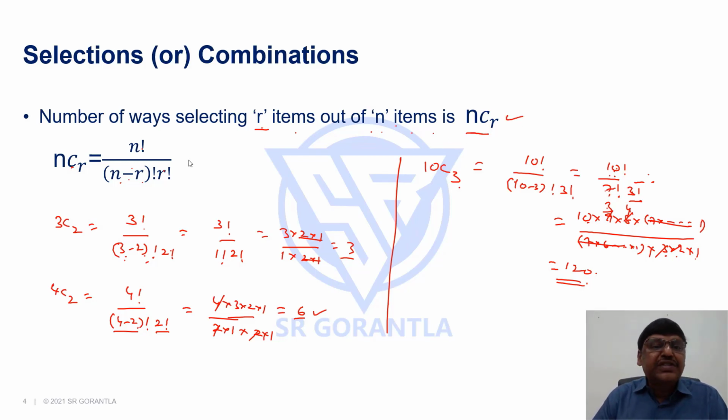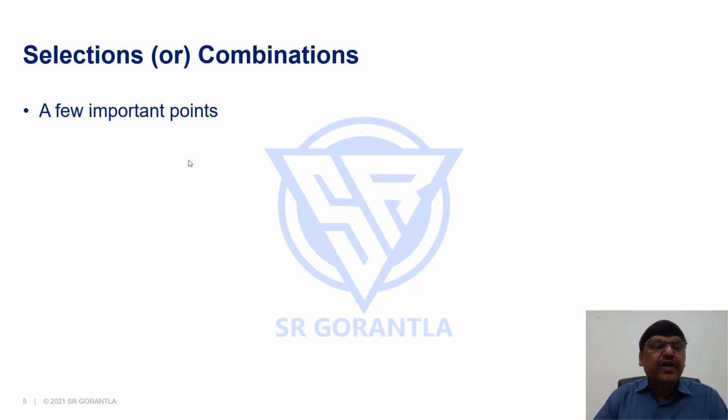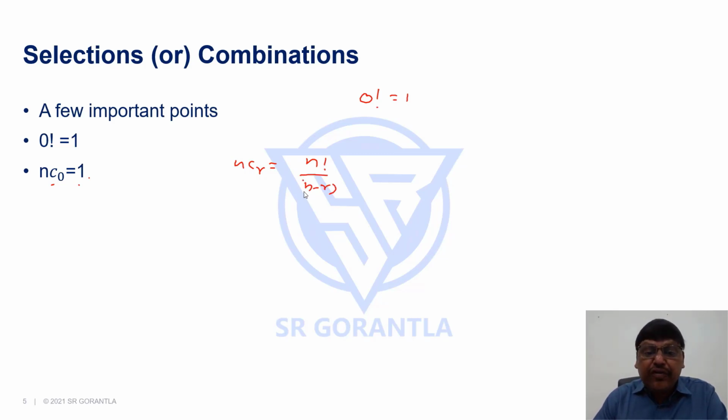A few important points on these selections. First one, factorial 0 is 1. So the factorial 0 value is 1. It's not 0. Second one is NC0 equals 1. We said NCR equals N factorial by (N minus R) factorial into R factorial. What happens here?